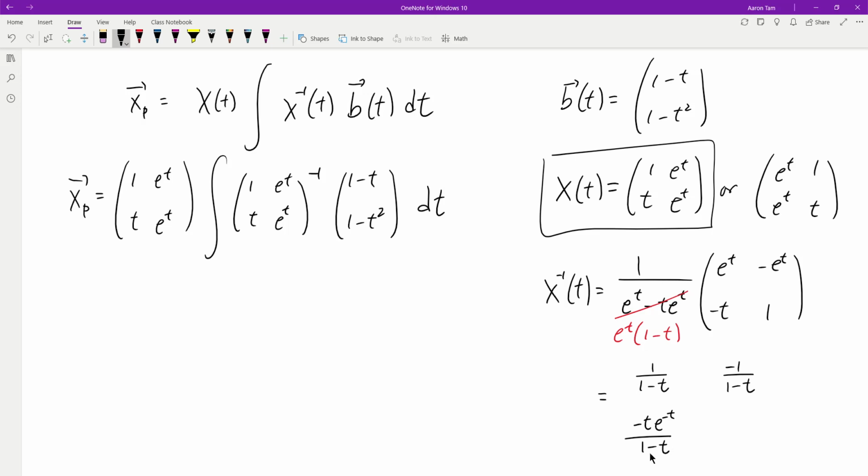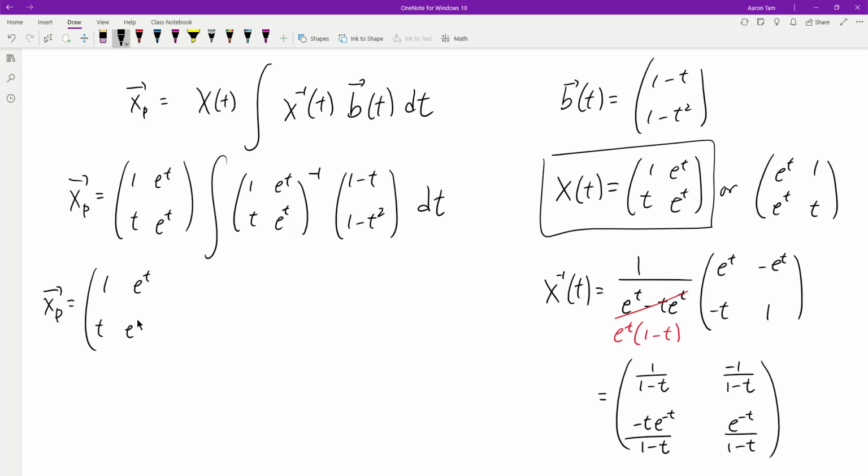I want to keep the denominator 1 minus t so that I can make it look nicer. And then the last will be e to negative t over 1 minus t. So that looks pretty good. Okay, still complicated, but hopefully after I multiply, it will become easier.